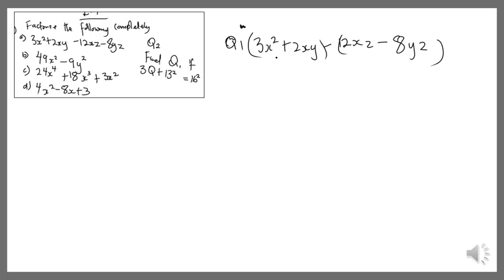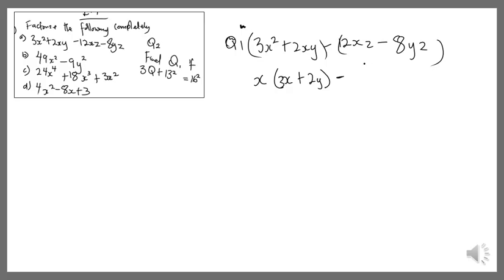For this particular one, the common variable here is x. So x will definitely go outside the bracket. Then we have 3x inside the bracket plus 2y minus, so between 8 and 12, what is the highest common factor? 4, right? Because 4 will go into 12, 3 times, and 4 will go into 8 too.